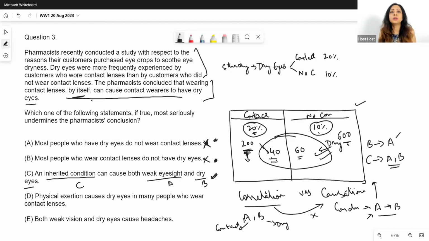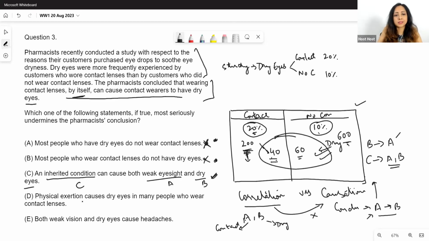It is giving us only partial information. It only tells us that physical exertion causes dry eyes in people who wear contact lenses. But what about people who do not wear contact lenses? We do not know, and that is why this is not the right answer.